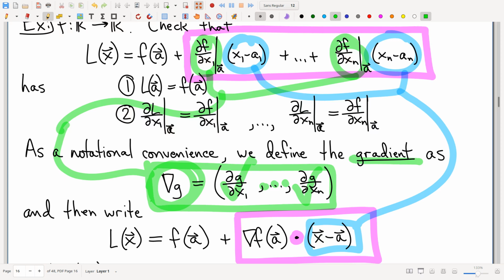So please be careful about that. Pointy end down. Okay. All right. And then, literally, now all of this clutter up here is neatly compacted as gradient dot x minus a.